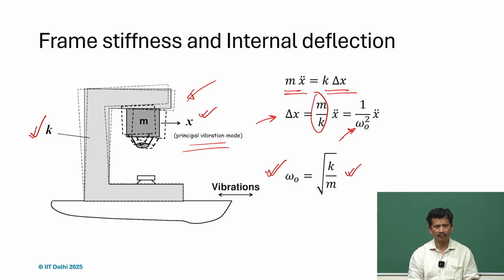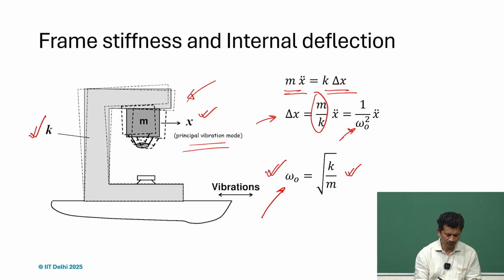We will talk about that when we talk about dynamics, but in general, whenever we talk about vibrations related to machines, we talk about this principal vibration mode and omega 0, which is a function of the square root of k by m. K is the stiffness, the frame stiffness which is supporting, and m is the overall mass or equivalent mass which is suspended.